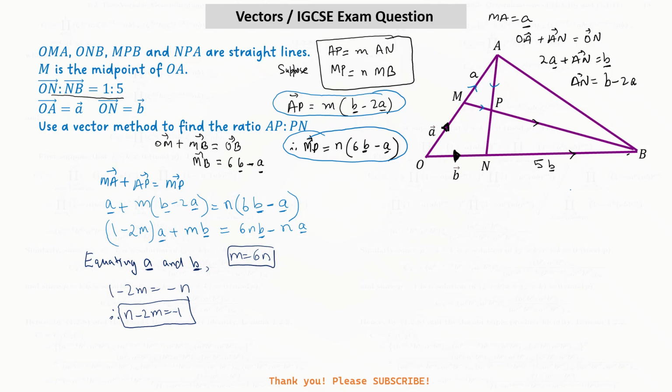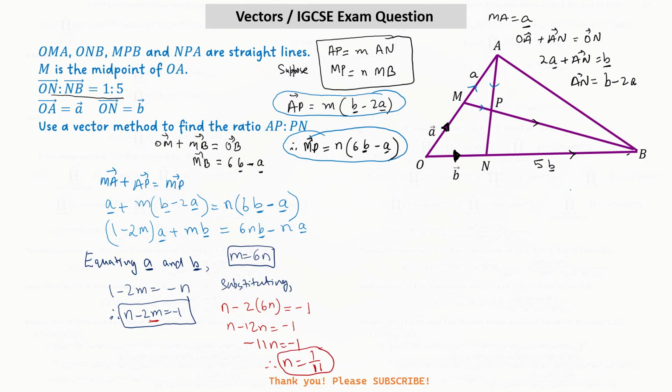So if M is 6N, and now I substitute in this equation, we get N minus twice of 6N is equal to minus 1, so it's N minus 12N is minus 1, minus 11N is minus 1, and therefore N is 1 out of 11.